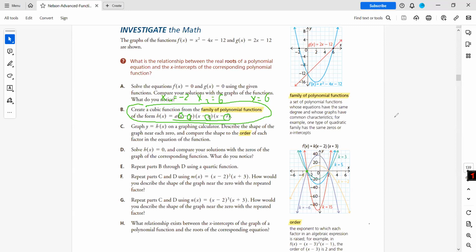So for example, if r equals 5, this bracket would be x minus 5. Okay? And of course, a leading coefficient.